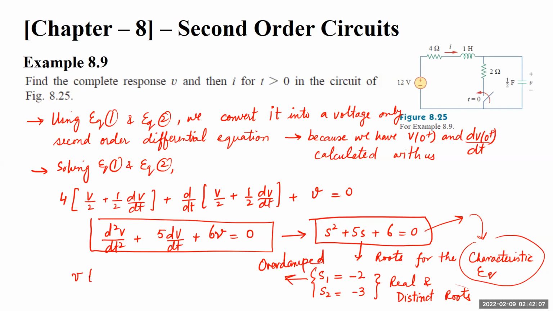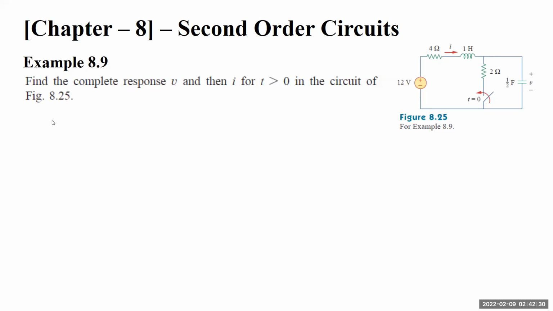So we can easily write V of t transient response as a1 e raised to power minus 2t plus a2 e raised to power minus 3t. This is the way we write the transient response for such a case. This is our step 4: the overall response is V of t equals transient response plus steady state response. What is the value of V steady state?